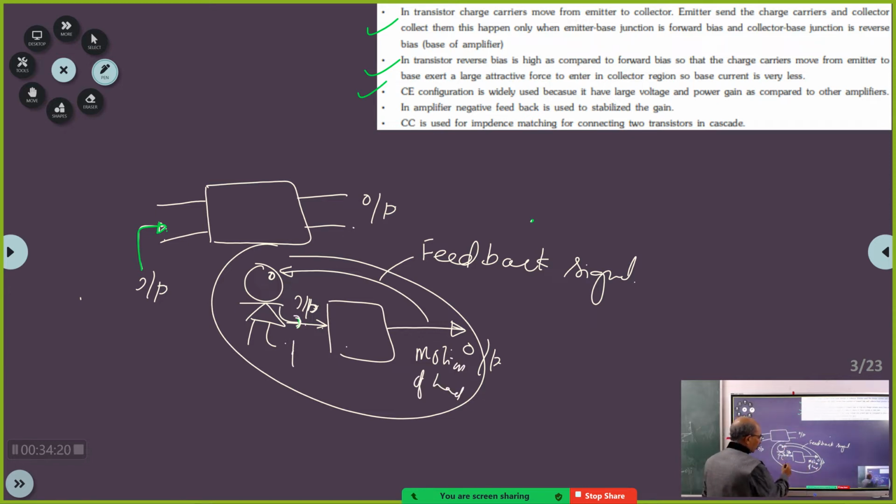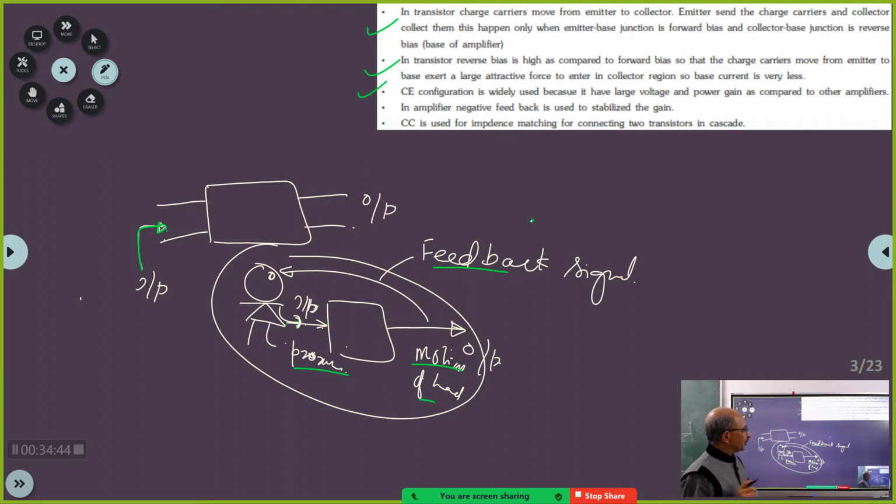The input is the proximity between the two. So this is feedback, this is motion, and this is the proximity. This is how our system is working. Okay, got it? Now, this is the first thing.